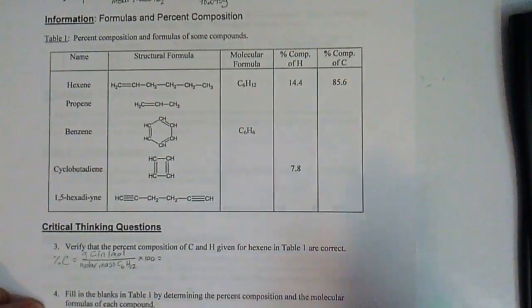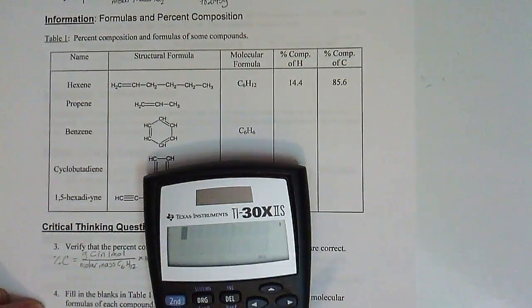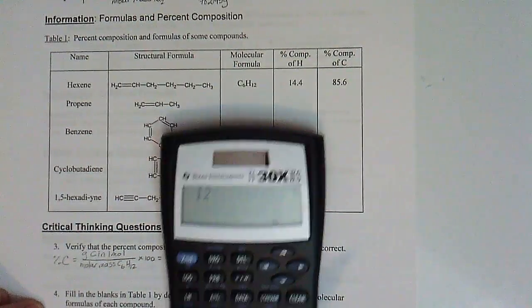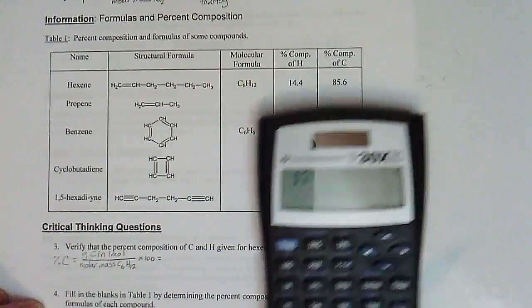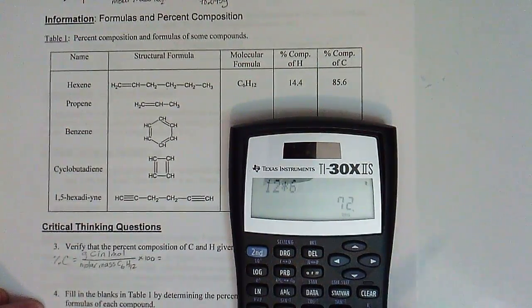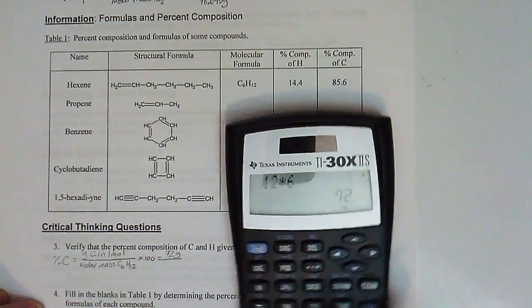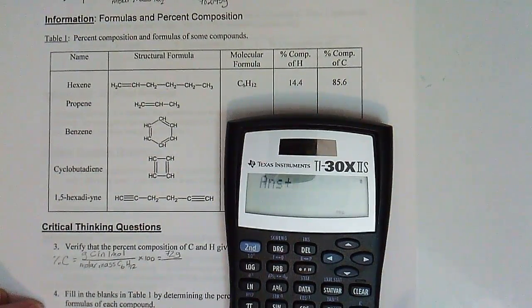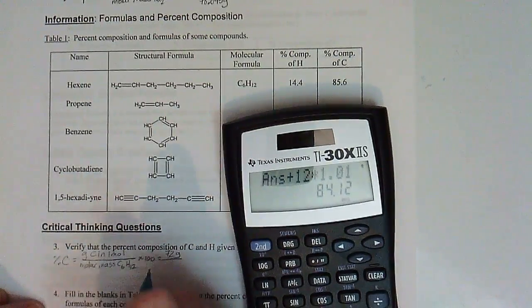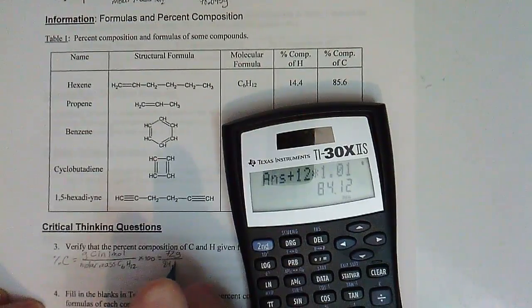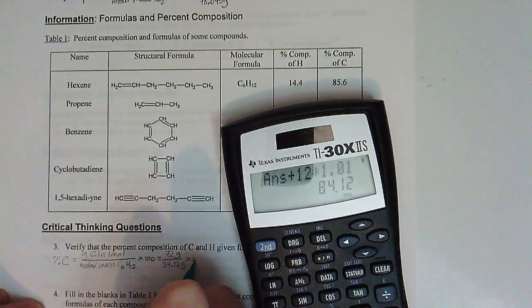So the grams of carbon in 1 mole, if we continue with our 12, and there are 6 of them, so that's 72, divided by the 72 plus the 12 times 1.01 for hydrogen, gives us 84.12, times 100.